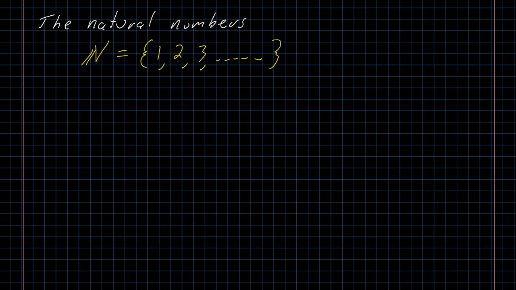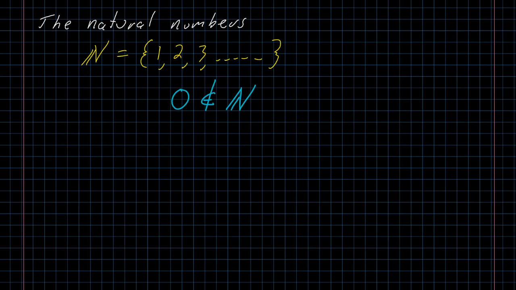I've actually gotten involved in heated online debates that go on for pages in discussion forums. 0, in my view, for the purposes of this course, is not an element of the natural numbers. We can say not an element by taking the element of symbol and just putting a slash through it. 0 is not a natural number.